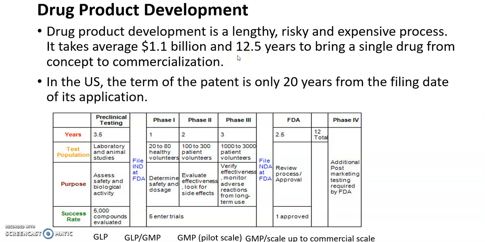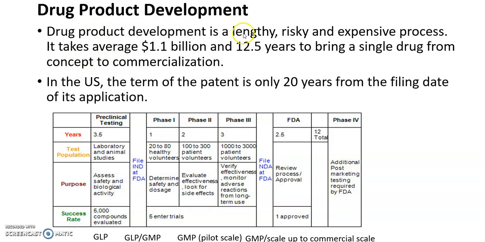And now let's talk about the drug product development cycle. Probably you've seen this in your previous classes like BIOT100 or 102. We talked about it so many times, so hopefully it's a review for you. When a drug is developed, it takes a long time, on average about 12.5 years, and an investment of more than $1.1 billion. That's how you bring your idea from bench scale all the way to the market.